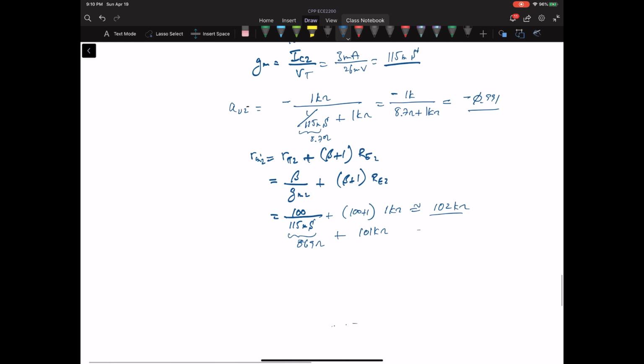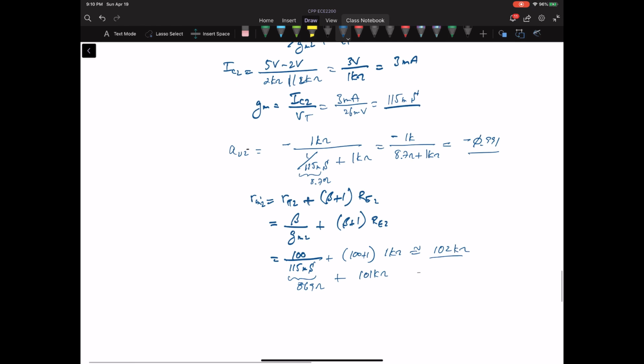So if we recalculate the gain of AV1, we end up with 102 k ohm in parallel with 15 k ohm over 1 over G sub M1 plus 1 k ohm.